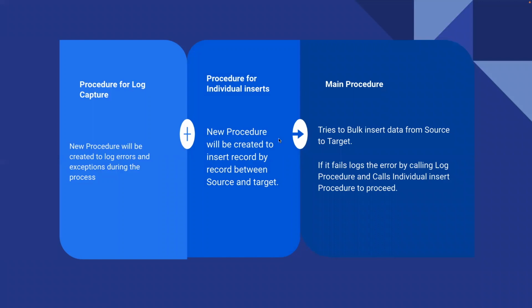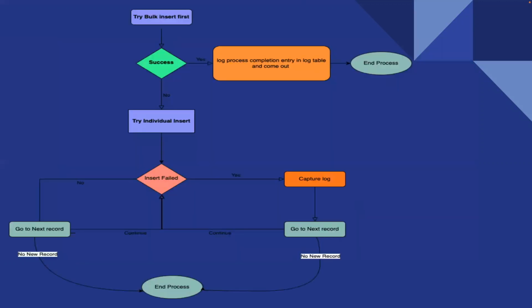If it fails, we'll call the individual insertion procedure. And in either the main procedure process or the individual procedure process, if there is anything that I need to log into the log table, then the log stored procedure will be called.